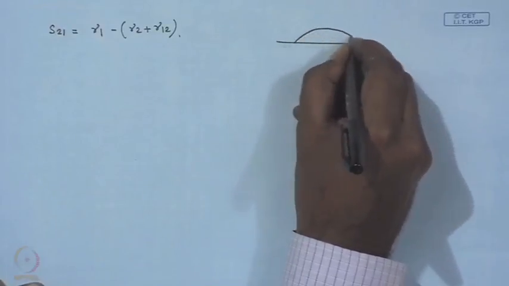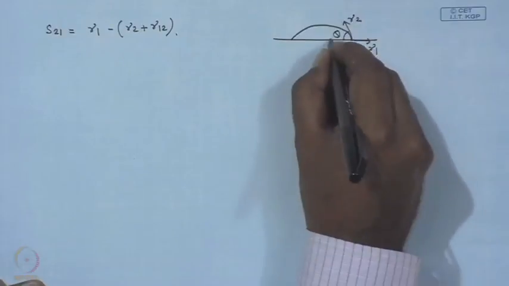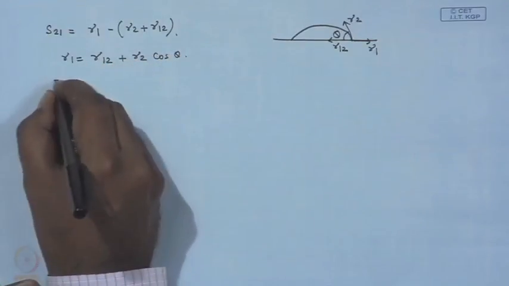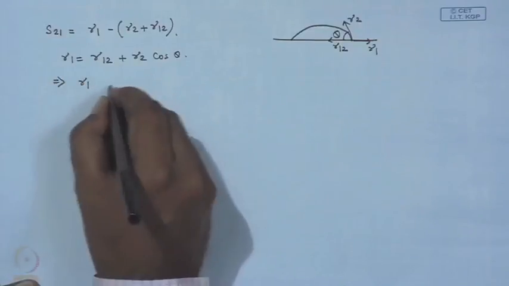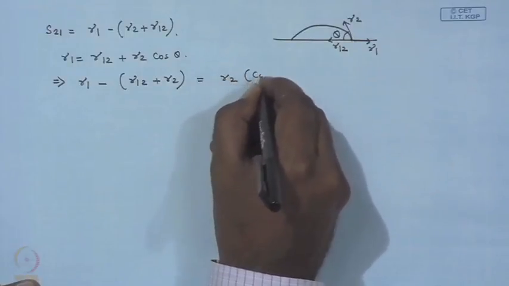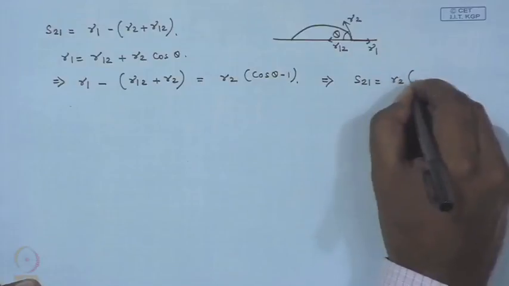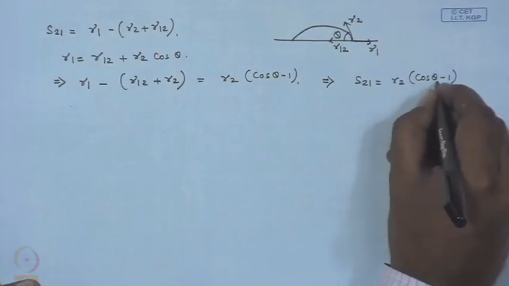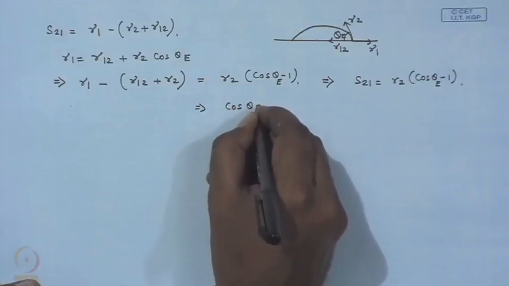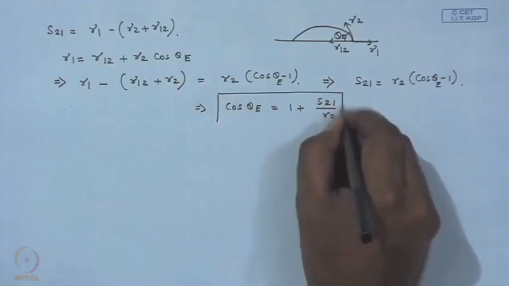Now, for a liquid which is making a finite contact angle on a solid surface 1, we have from Young's equation, therefore, one can write, therefore, one gets an expression for S21 is equal to γ2 (cos θ minus 1), where θ is the equilibrium contact angle, or one can correlate the equilibrium contact angle as this.